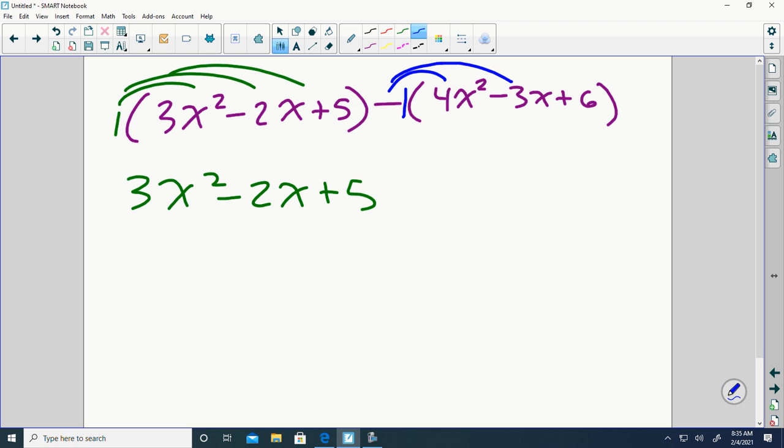So if I distribute negative 1, if I multiply everything by a negative 1, the signs have to change. So I'm going to go negative 1 times positive 4x squared. That's going to give me negative 4x squared. Negative 1 times negative 3x is positive 3x. Negative 1 times positive 6 is negative 6. And I want to highlight this.